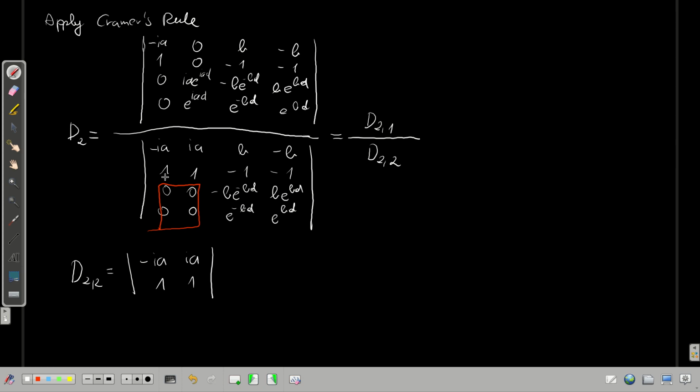It's actually this sub-determinant here and this sub-determinant here yield the value of D22. This, if you calculate it, is 4 times I times A times B.